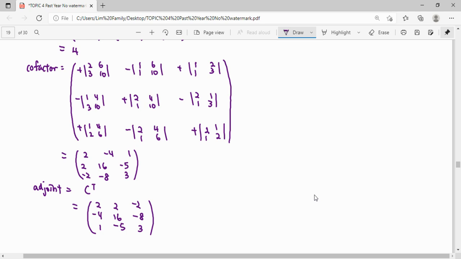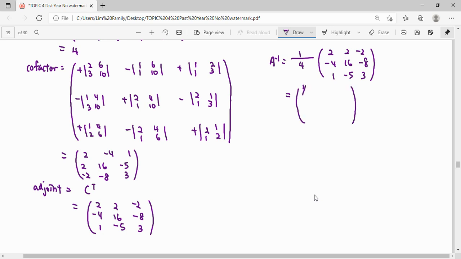So finally, we are going to find out what our A inverse is. Our A inverse will be 1 over the determinant, which is 4. Then plug in our adjoint here and multiply in our answer here.